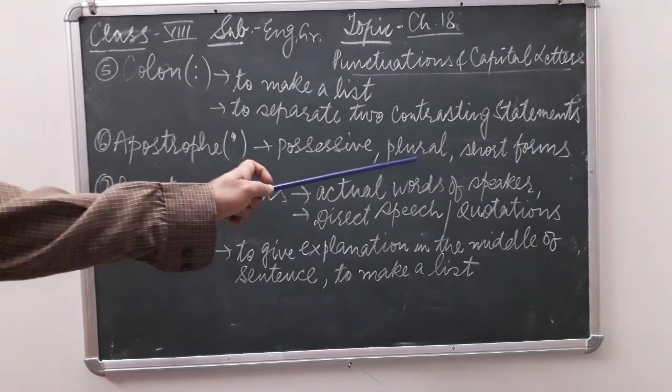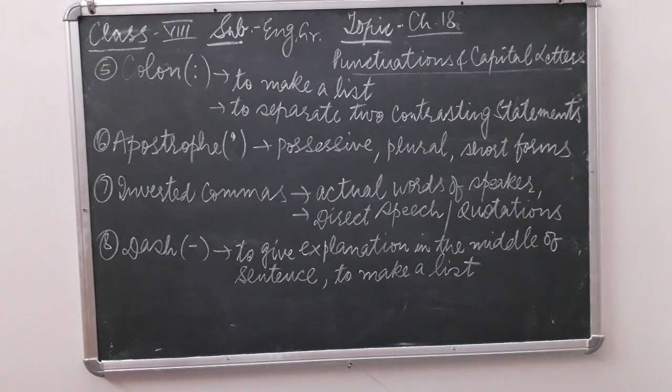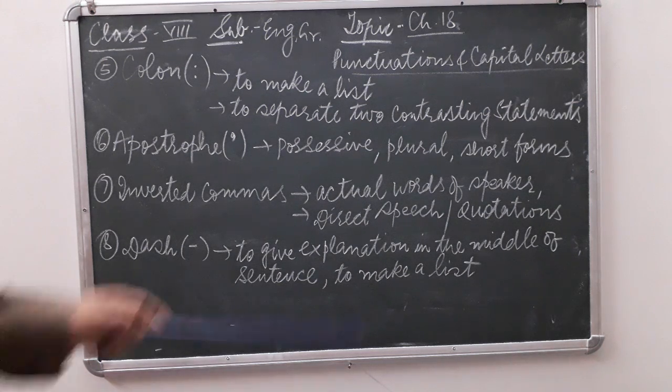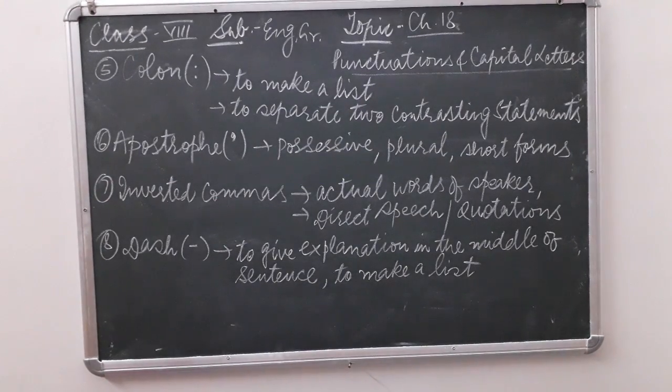But when the word is plural, then we add the apostrophe after the s. For example, boys' hostel. Whose hostel? Boys' hostel, B O Y S, then apostrophe, because it cannot be the hostel of one person. It is the hostel of all the boys.